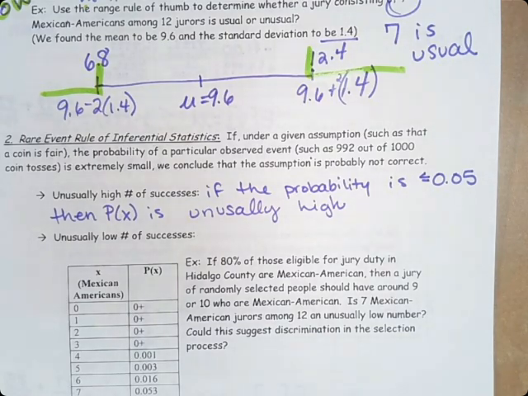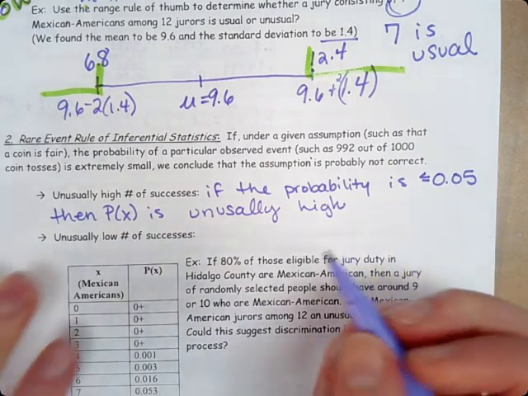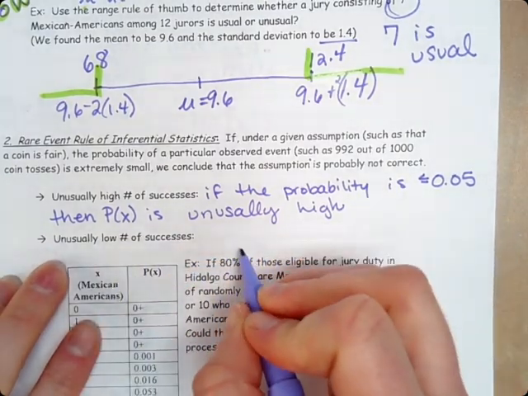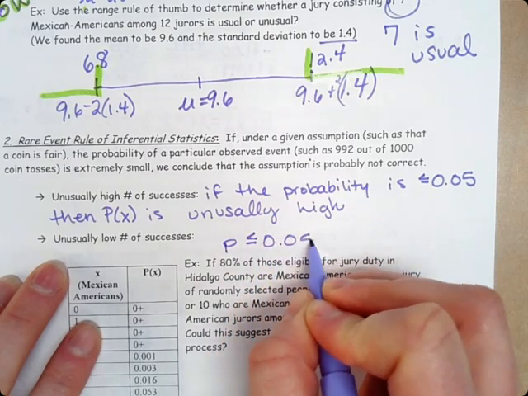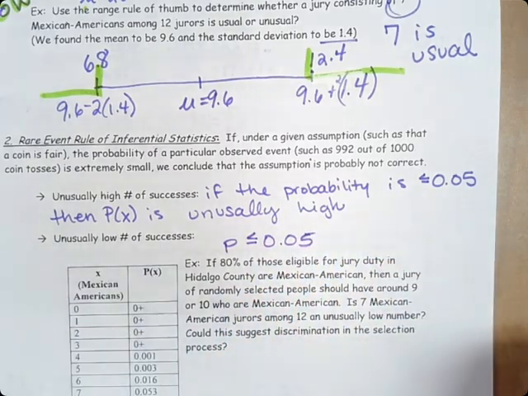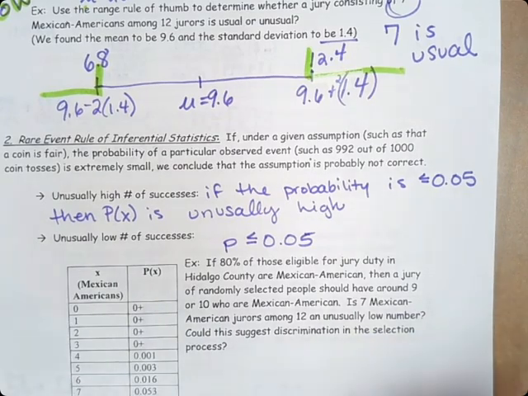And then we have the other one, which is also P being less than or equal to 0.05. So you're looking at the difference between them.